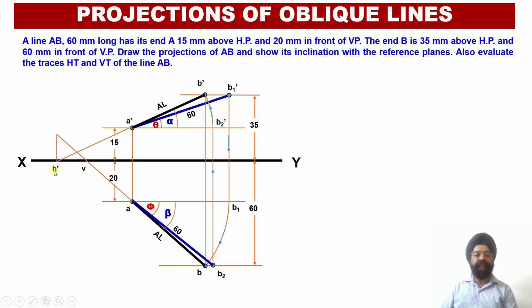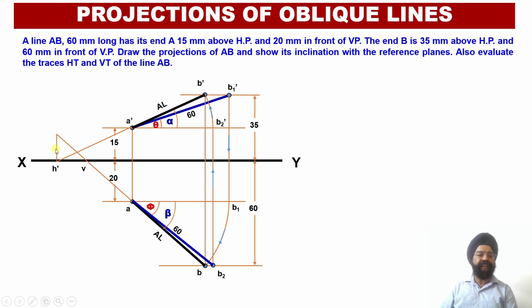Now, having obtained the points H dash and V, the vertical projectors need to be drawn from the points H dash and V so that they intersect the projection line coming from the opposite view. So this is the projection line from the elevation view.